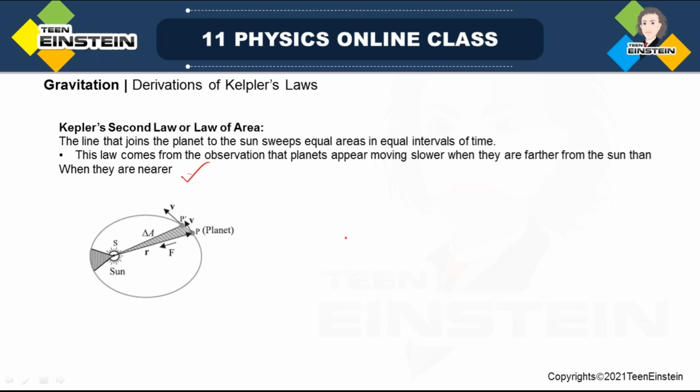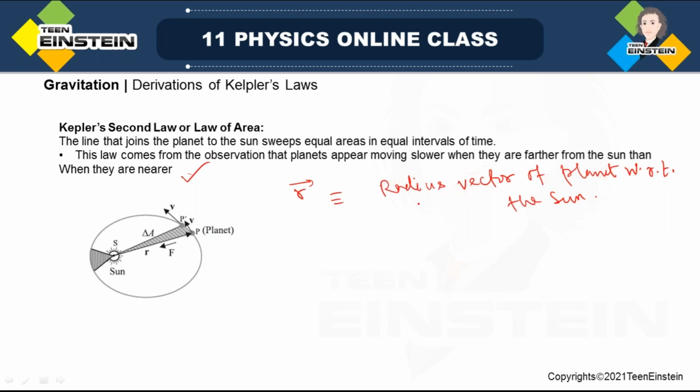Okay, so to prove that, let us take a planet which is situated at P, and the radius vector, as we have discussed already. This is the position vector of the planet with respect to the sun.